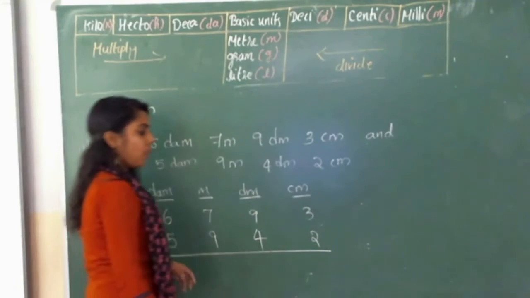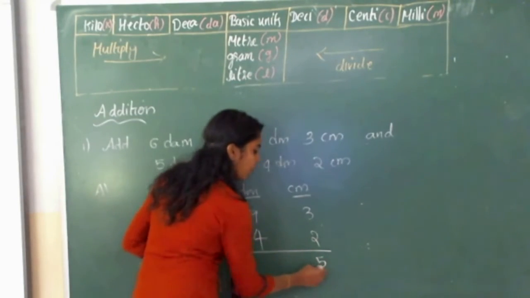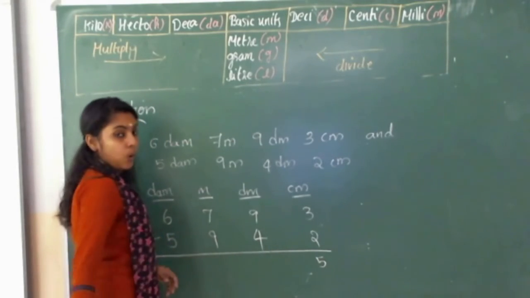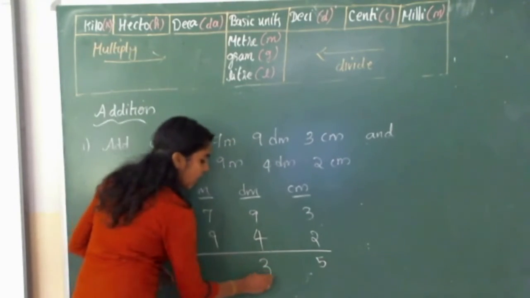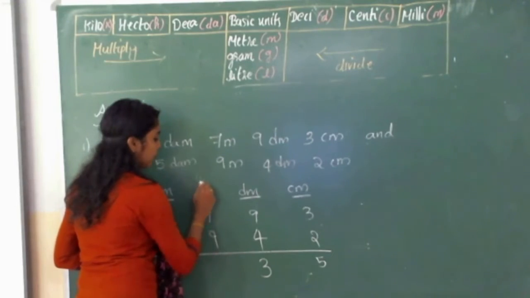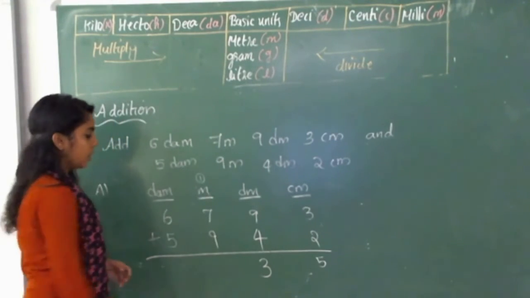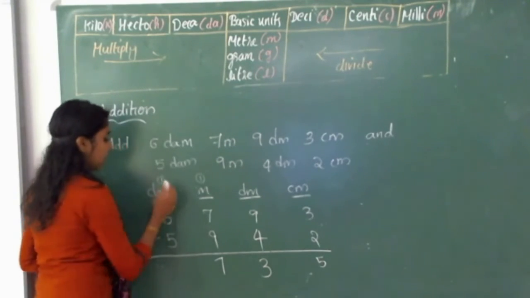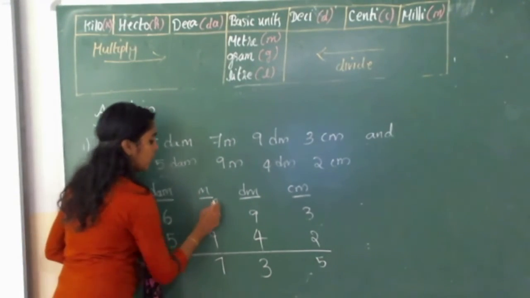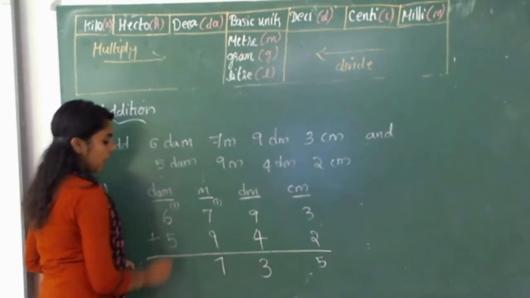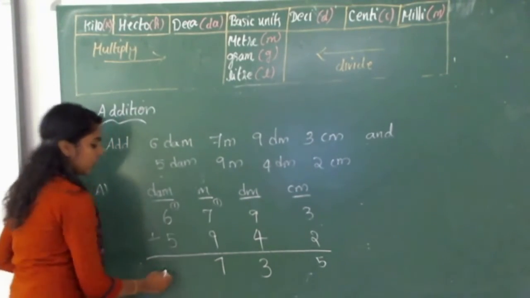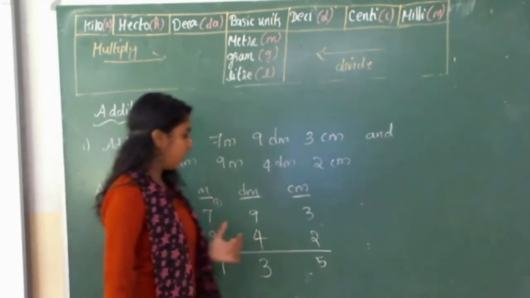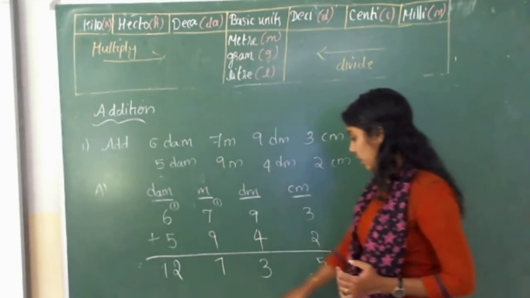How will we add? 3 plus 2, 5. 9 plus 4, 13. 3 here, where is 1? Before. Okay, next number carry over. 9 plus 1, 10 plus 7, 17. This one you can write here. Okay. 6 plus 5, 11 plus 1, 12. So what's the answer? You have to write the answer below this.